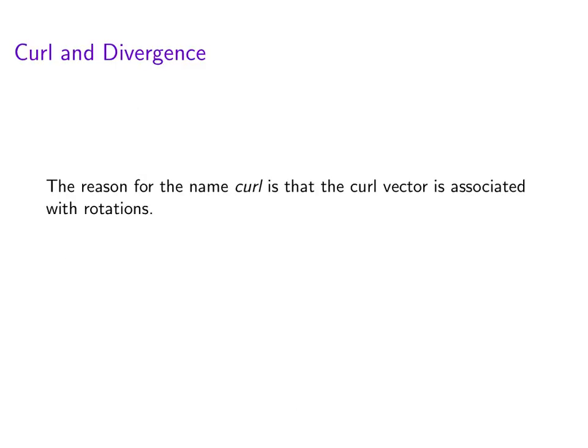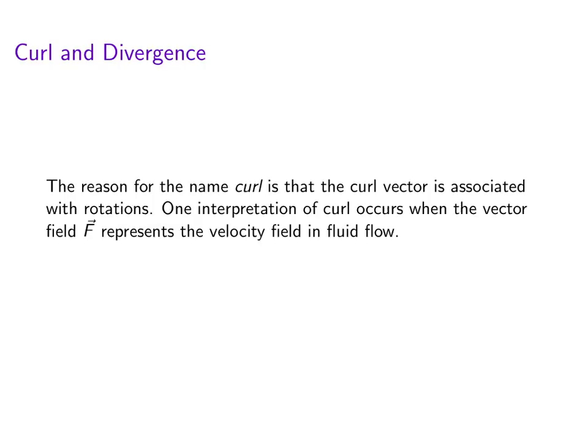Now, the reason for the name curl is that the curl vector is associated with rotations. So one good interpretation of curl occurs when the vector field represents the velocity field in fluid flow. Imagine if you have a moving liquid and the vector field tells you the direction and speed of the particles moving in the liquid.